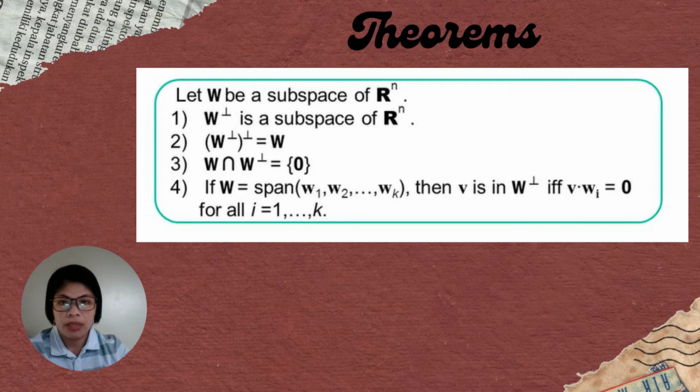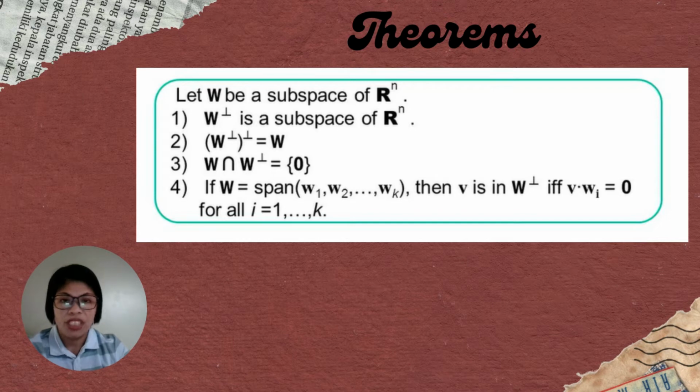There are theorems that we need to remember when we talk about orthogonal complements. Number 1, the orthogonal complement of W, or W perp, is a subspace of Rn. Number 2, the orthogonal complement of the orthogonal complement of W is equal to W. Number 3, the intersection of W and W perp is equal to the zero vector.